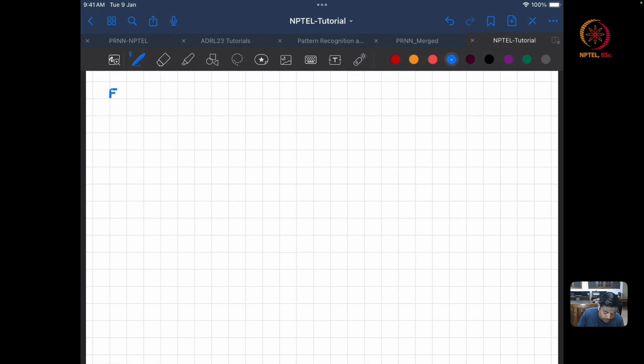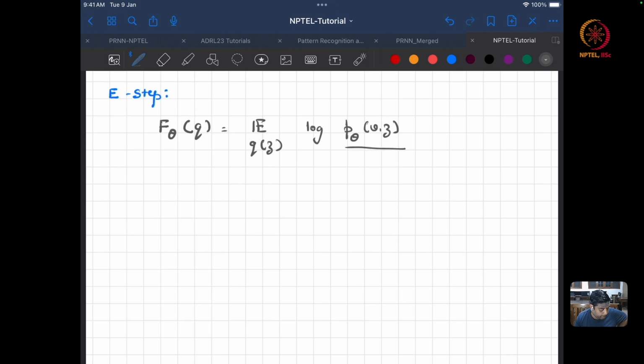Now the E step. I'm doing the E step now. What is the E step? As I said, I'm not using that t: expectation over Q of Z of log of P theta of V comma Z, divided by Q of Z. Okay, you have chosen Q, you have fixed it.